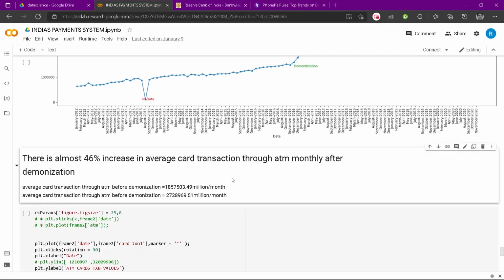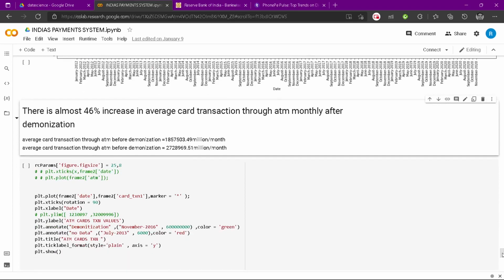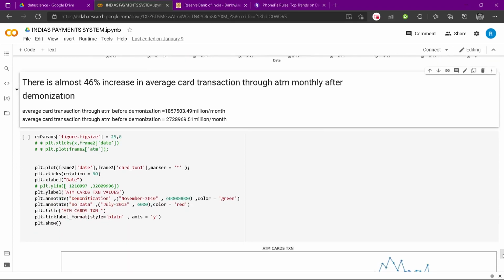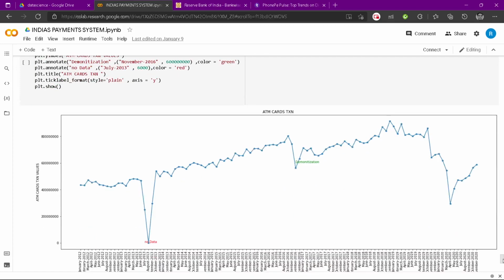And we will check the amount of average card transactions happening monthly. After plotting the graph, we got October, November and December of 2016.